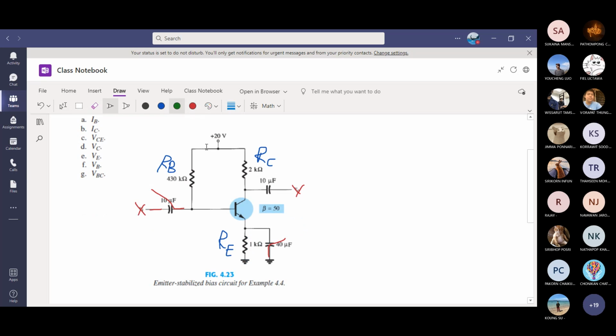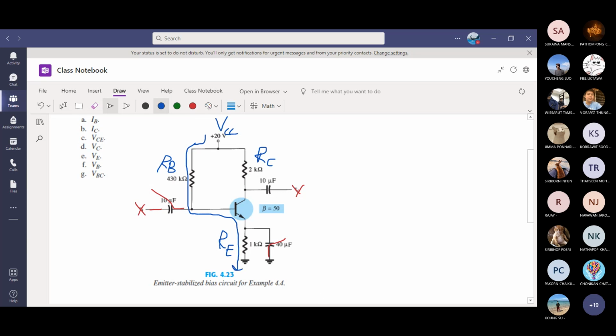Input loop, VCC. VCC is 20 volt here. VCC minus IBRB minus VBE minus IERE equals 0.